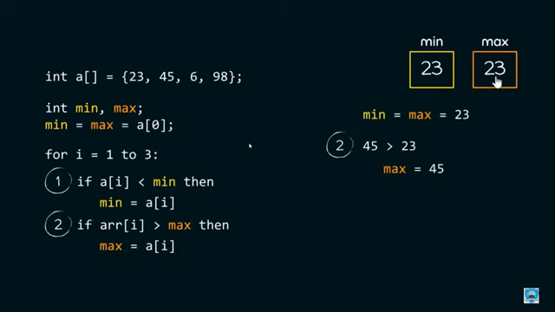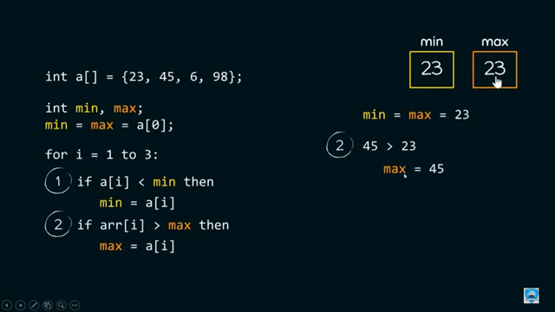Let me explain. When we use this the first time, we know that 45 is not less than minimum. My cursor is moving, so this condition will not be true. But when we put it down, if array i is greater than max, meaning this 45 is greater than 23, you can look here that 45 is greater than 23.